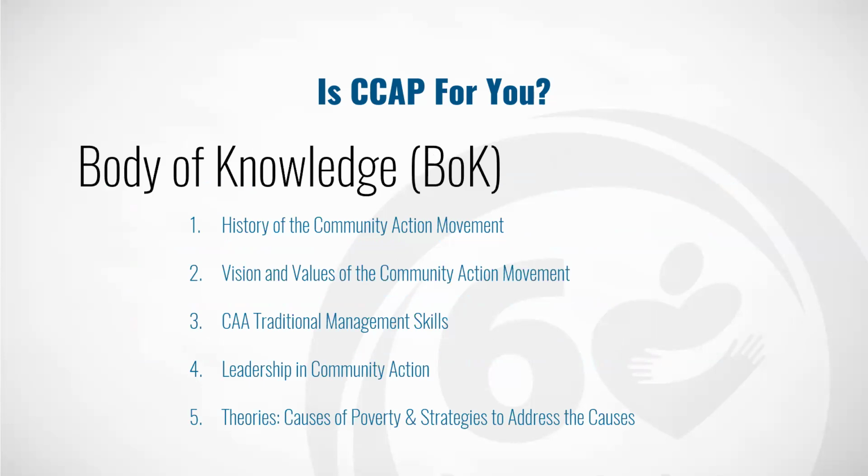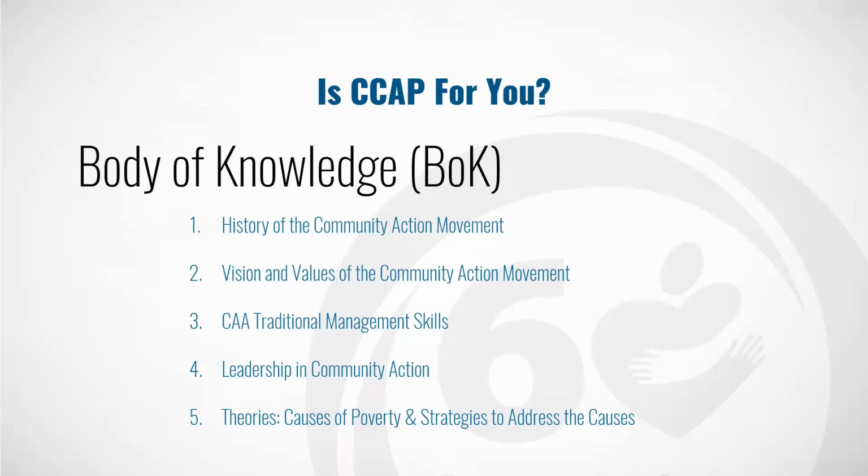It contains 5 different topic areas. It goes over the history of the community action movement, the vision and values of our movement, and talks about traditional management skills that we use in community action and that people who are going to be successful in the field need to know about. Leadership in our network. Anyone can lead at any time and any place, right?